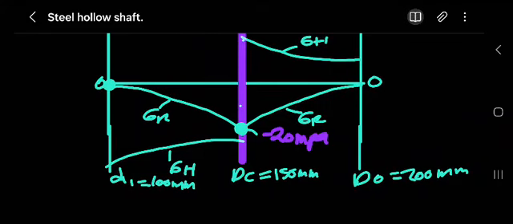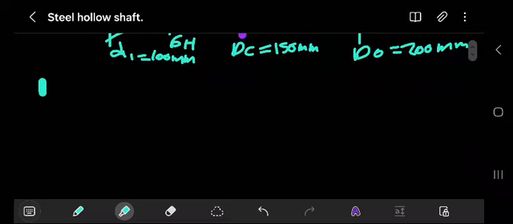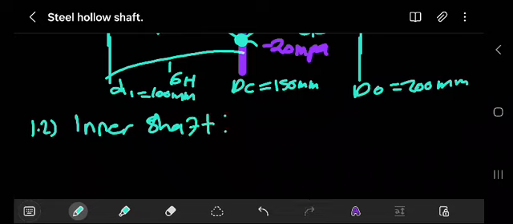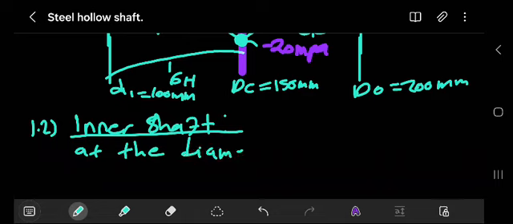We have calculated that, so we can go to 1.2. Obviously, in the question we know that we are working at the inner shaft, at diameter d1, which is equal to 100 millimeter.